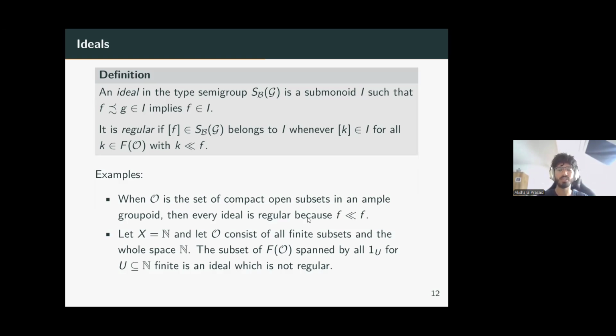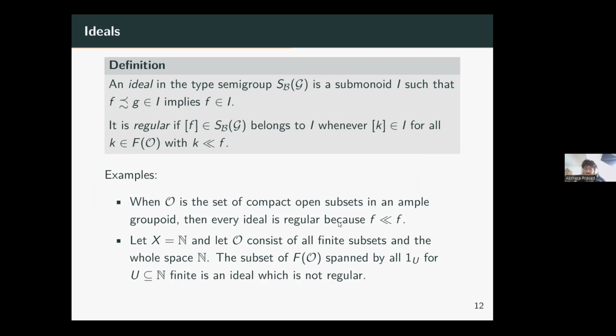So if you take the supremum of all such finite U's, then you get the whole set N, which is not in O. So every ideal need not be regular.